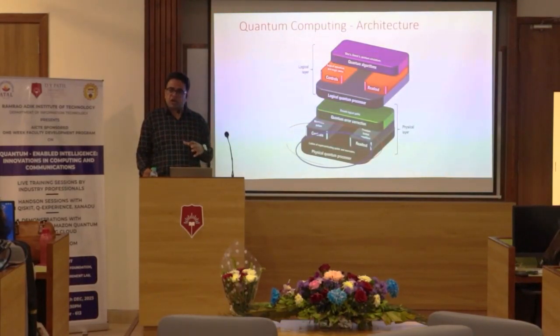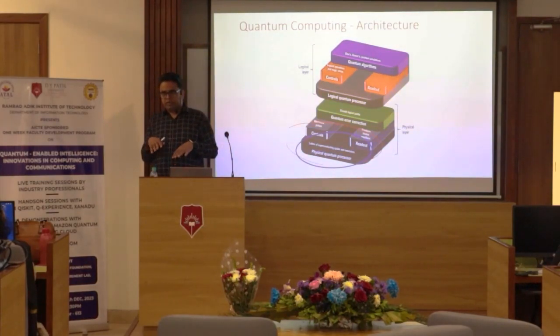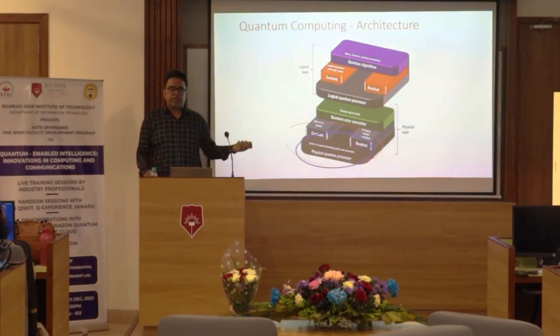Okay, and there are only few algorithms. Remember this word few, because whatever we can do in classical, we can do it in quantum also. But the thing is that we should have a speed up, and the desired speed up is of exponential factor. If something is taking 2 power n time in classical, we want to do it in polynomial or linear time in quantum.